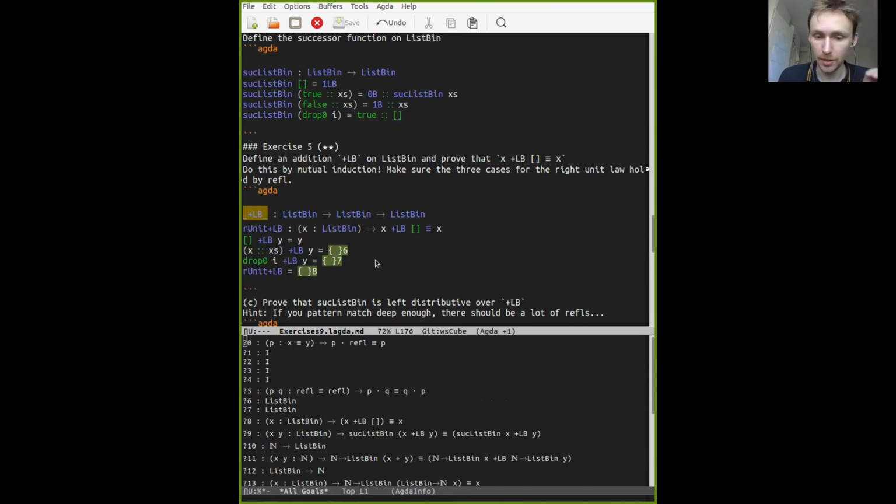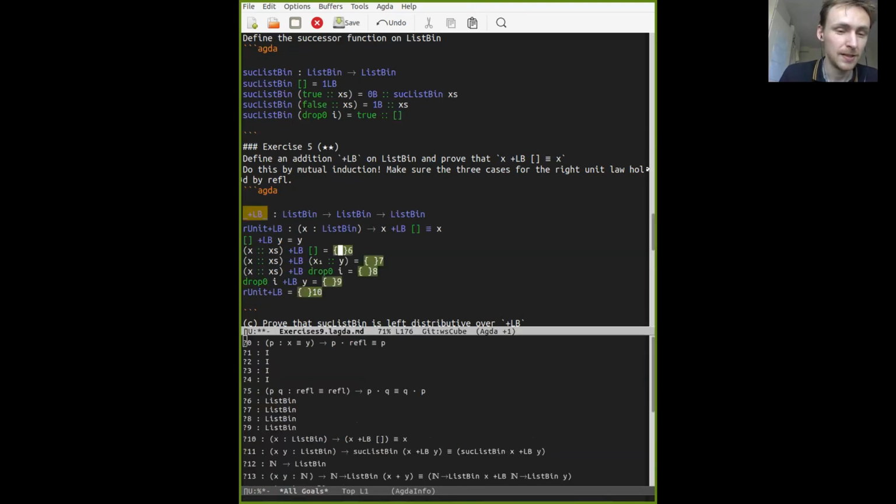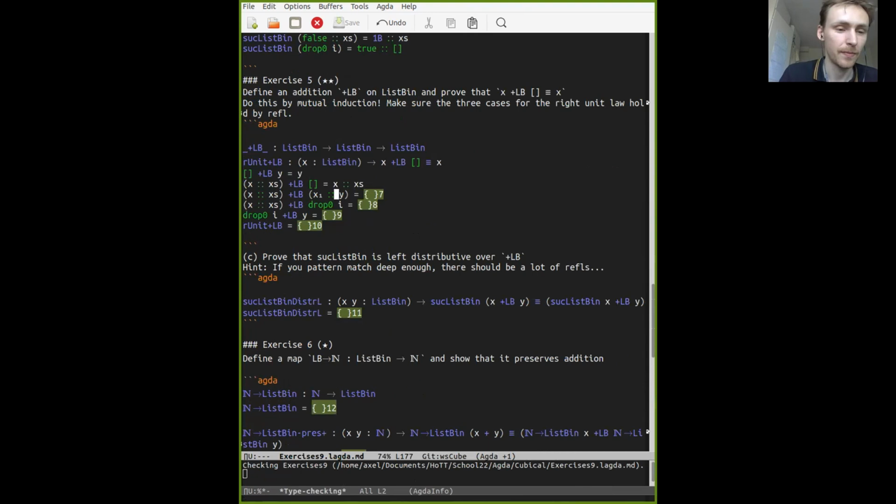Well, I promise you there's going to be a bunch of cases here. So let's start pattern matching. Let's pattern match on y to get all the information that we need. So x cons xs plus the empty list, well, that should just be x cons xs.